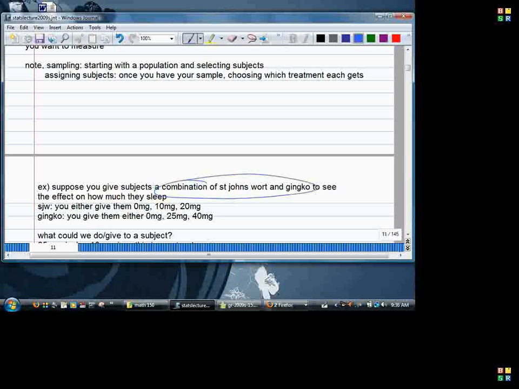Yes, combined. So what's one possible pill or dosage that we could give a subject? Give them how much? 35 or 50. Okay. Well, don't say 35. 35 milligrams of what? Which is what? 35 milligrams of St. John's wort? No. How much of the St. John's wort and how much of the ginkgo? 10 milligrams. Okay.